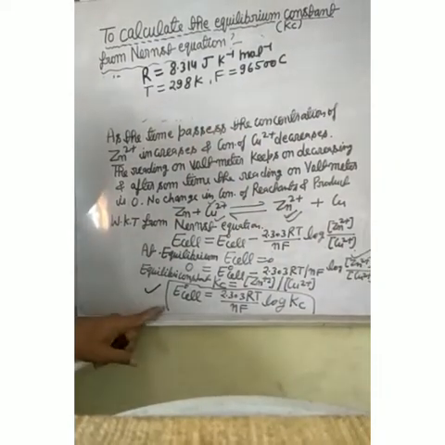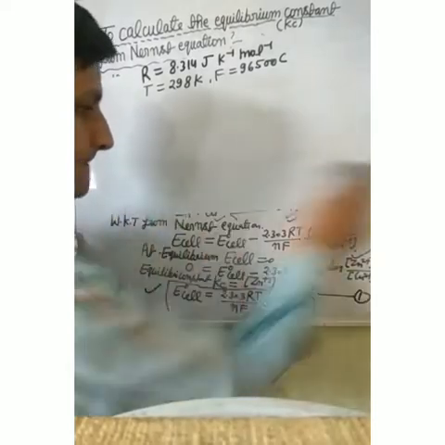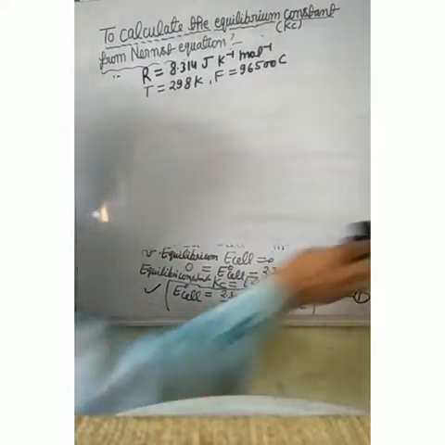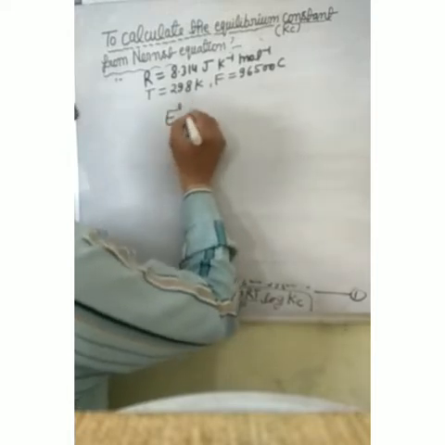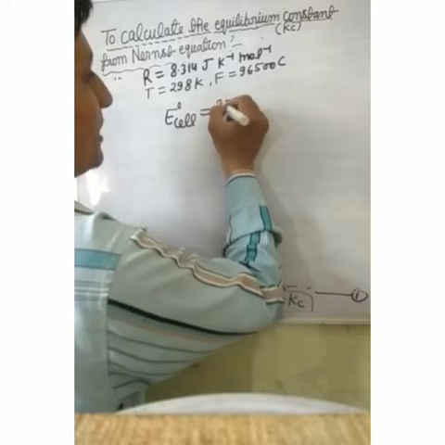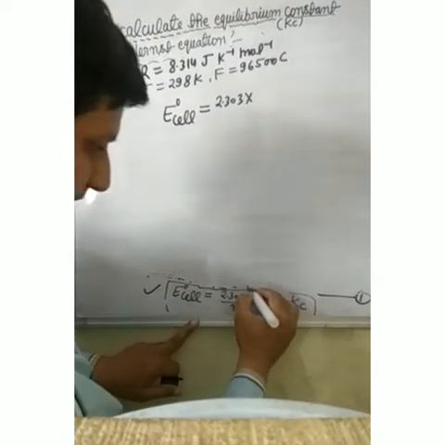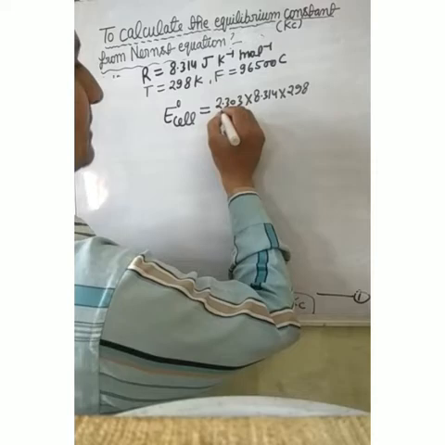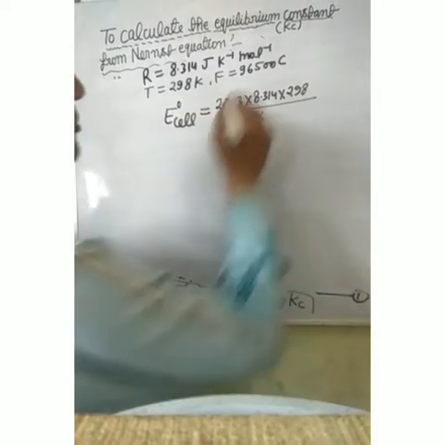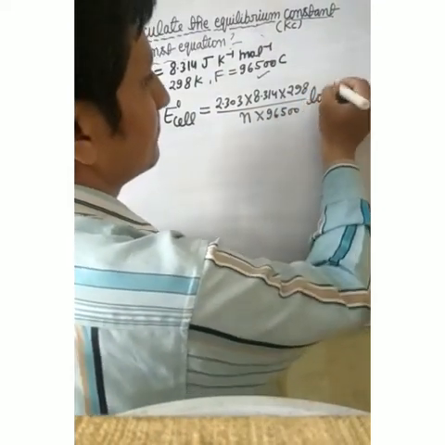So when we put these values in equation 1, we get E naught cell is equal to 2.303 times R, which is 8.314, times T, which is 298 Kelvin, upon N, the number of electrons, times F, the Faraday constant, 96,500, and after this log Kc.